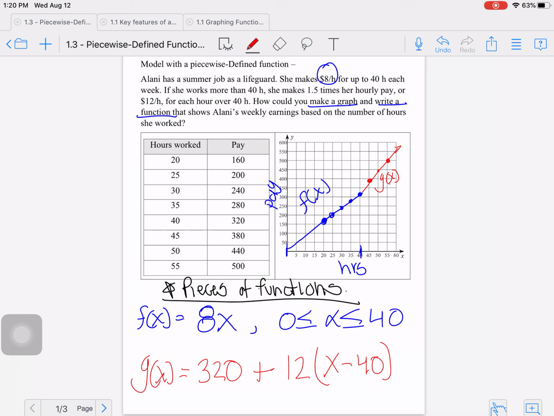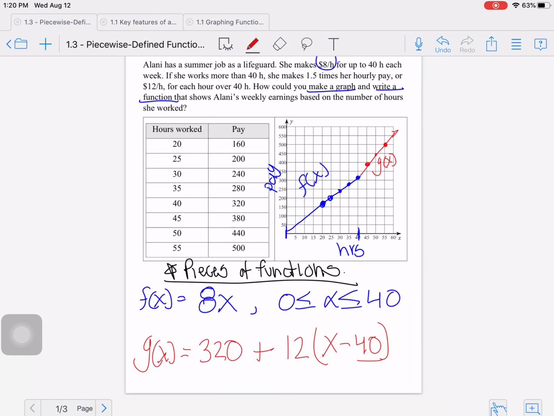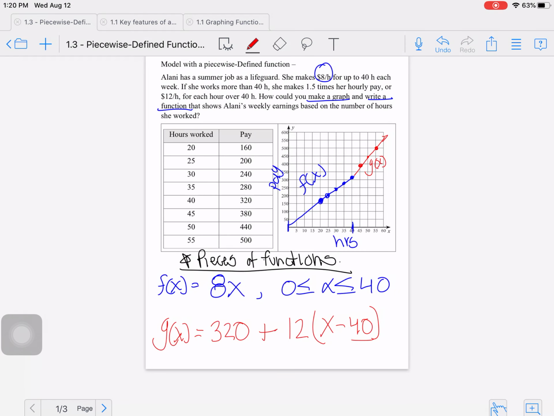And that's where that 40 comes from. So that's my function. Now my restriction is going to be that I'm making that amount of money when I go above 40 hours. So my restriction is going to be x is greater than 40. And notice how I didn't use greater than or equal to, because when it's equal to 40, you're still making $8 an hour. It's not until you work more than 40 that you start making more money.